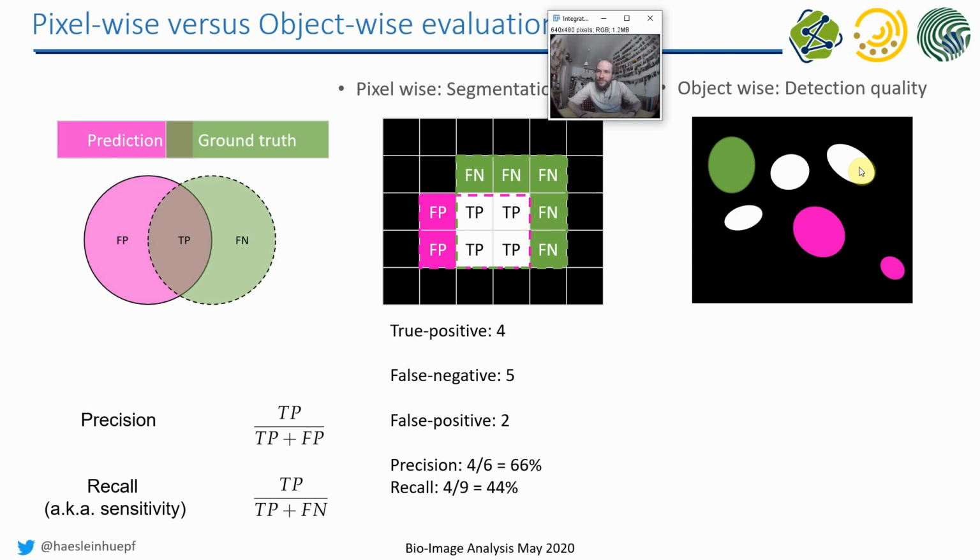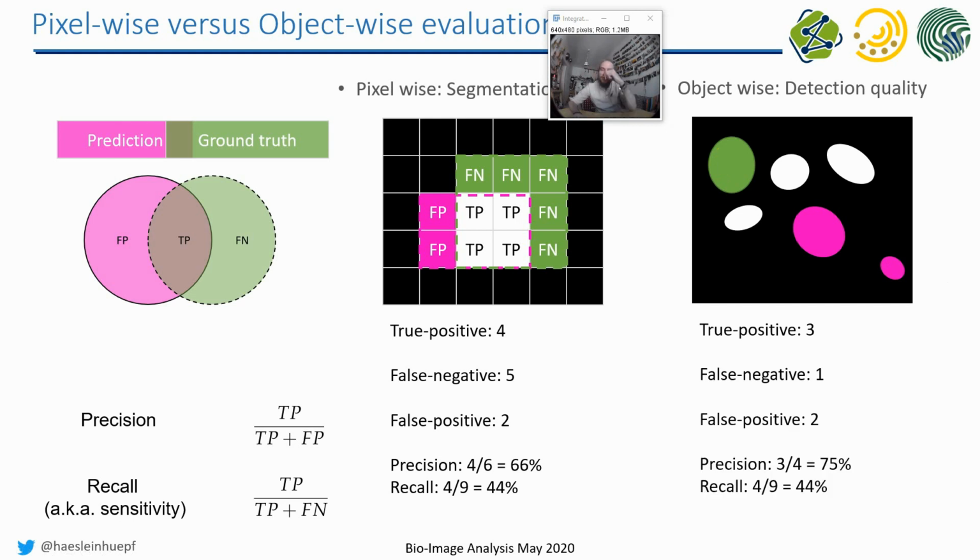So these 4 objects were ground truth, and our algorithm found these 5 objects. And so there's three true positives where ground truth and segmentation result overlap. And there's 1 false negative over here and 2 false positives on the other side. And we can count it again. So we have 3 true positives, 1 false negative, 2 false positives, and that results in 75% precision and 44% recall.